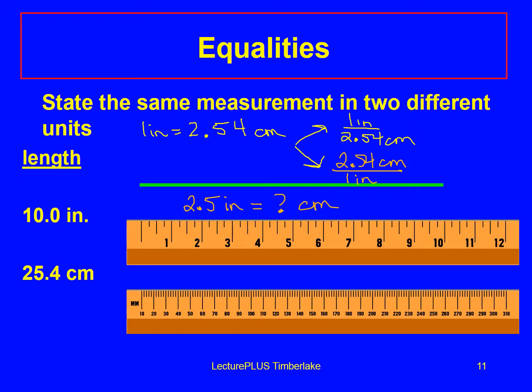And I don't want you to use rulers here. I want you to use some dimensional analysis that will allow you to cancel units to figure out what your answer is. So we're going to be setting up lots of these little bridges, is what I like to call them. So we're going to put our given 2.5 inches on top of this bridge, and we're going to have a bridge over here that's basically consisting of one of these two conversion factors.